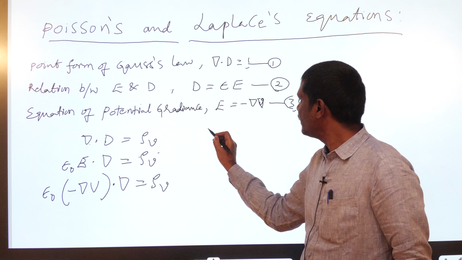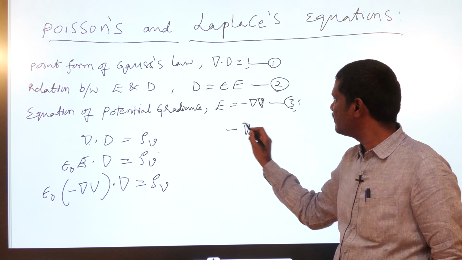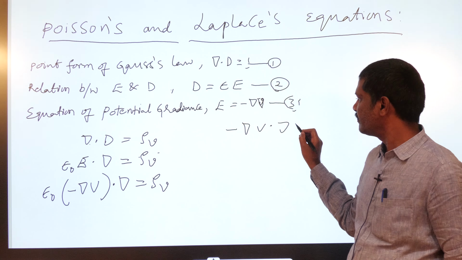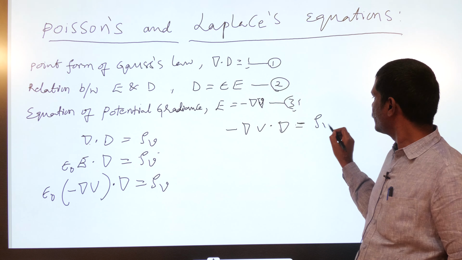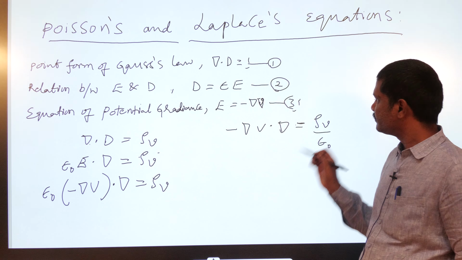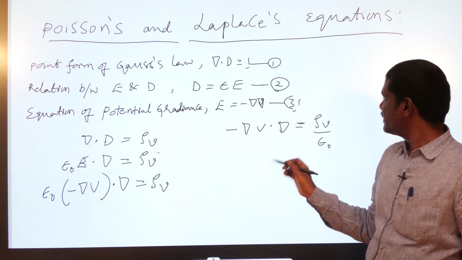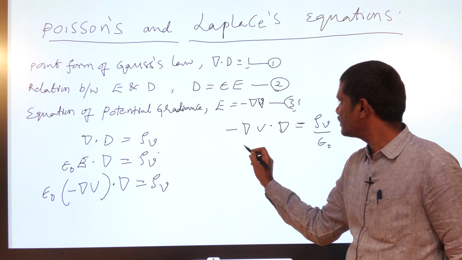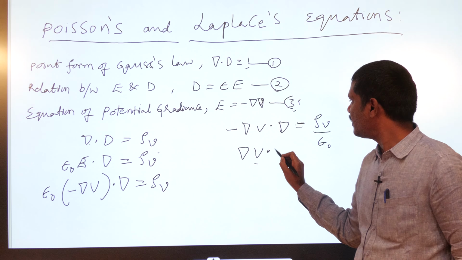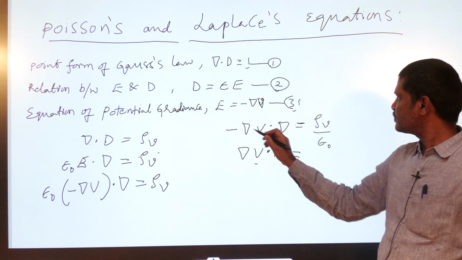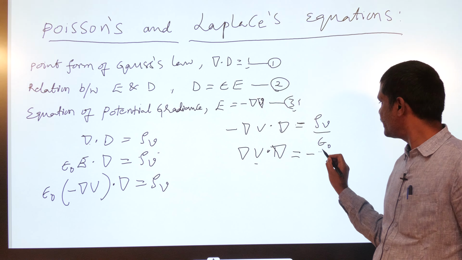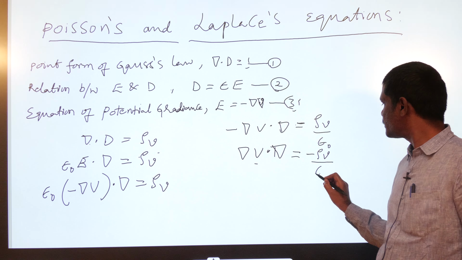We will have minus del V dot del, which equals rho V by epsilon naught. We can consider this as del V dot del, which equals, taking this negative sign to the right side, minus rho V by epsilon naught.